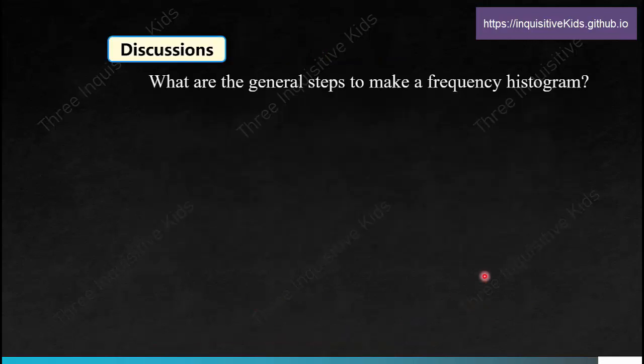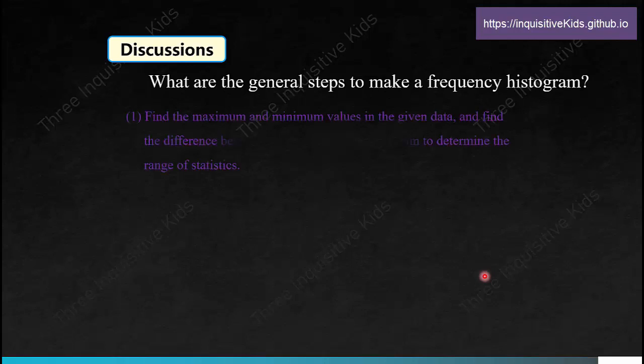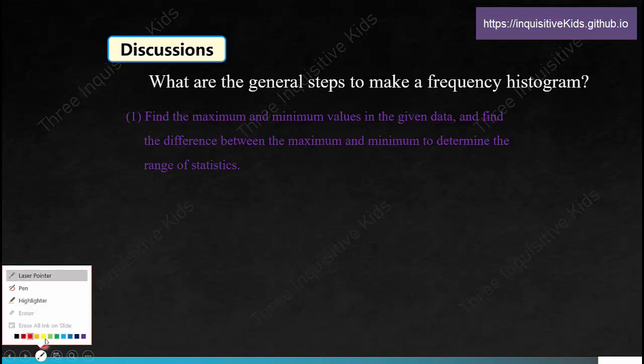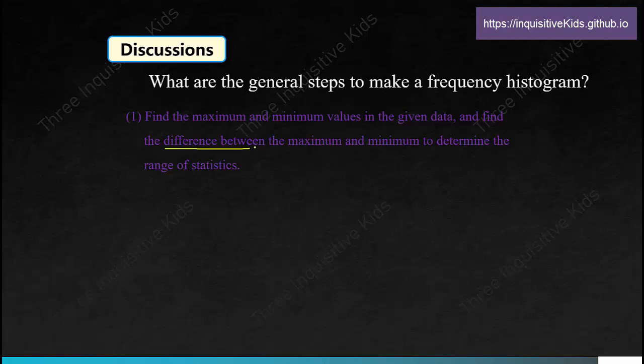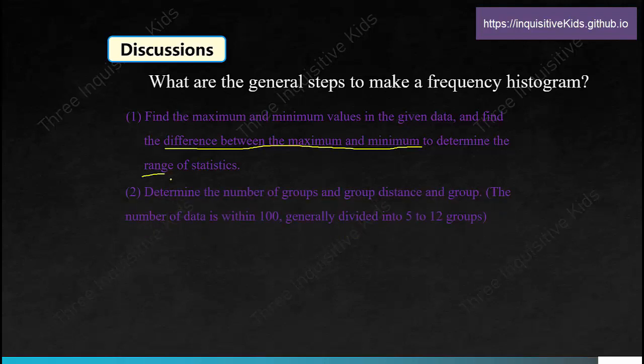So the discussion: what are the general steps to make a frequency histogram? Well, first, we find the maximum and minimum values in the given data and find the difference between the maximum and minimum to determine the range of statistics. So this difference, between the most and least value, is called the range. 2.